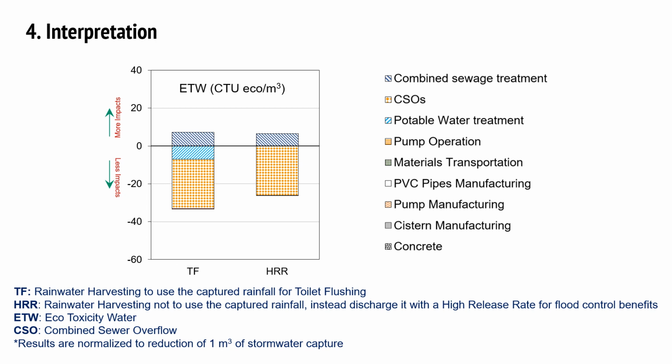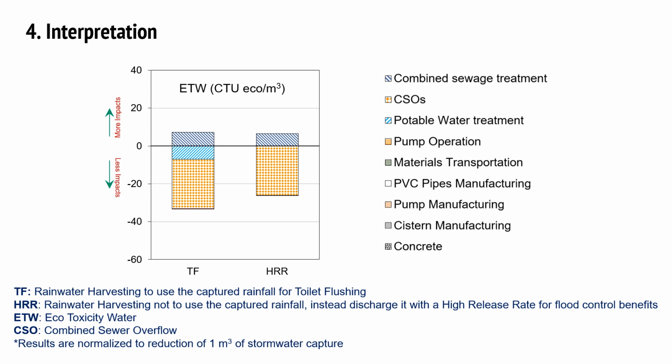So, for both scenarios, combined sewage treatment creates more impact to the ecotoxicity of water. And then for TF, potable water treatment and CSOs detract from the impacts of ecotoxicity to water.